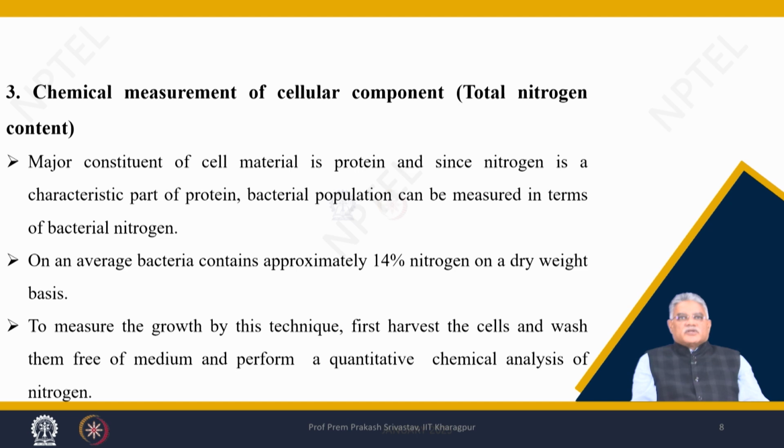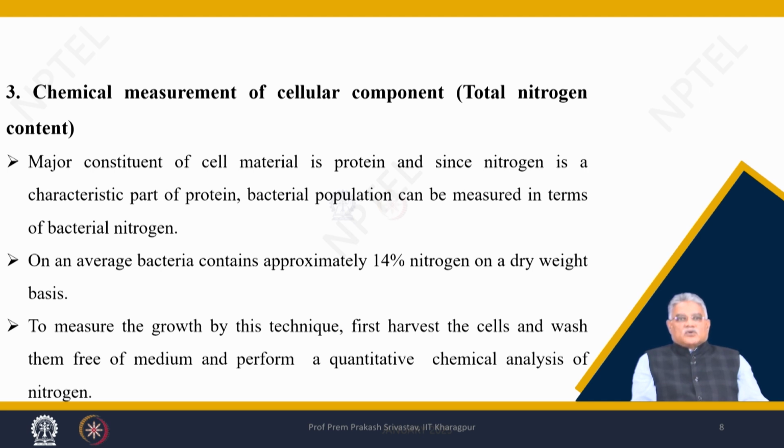Now, the chemical measurement of cellular component, that is total nitrogen content. Major constituent of cell material is protein, and since nitrogen is a characteristic part of protein, bacterial population can be measured in terms of bacterial nitrogen. On an average, bacteria contain approximately 14% nitrogen on a dry weight basis.